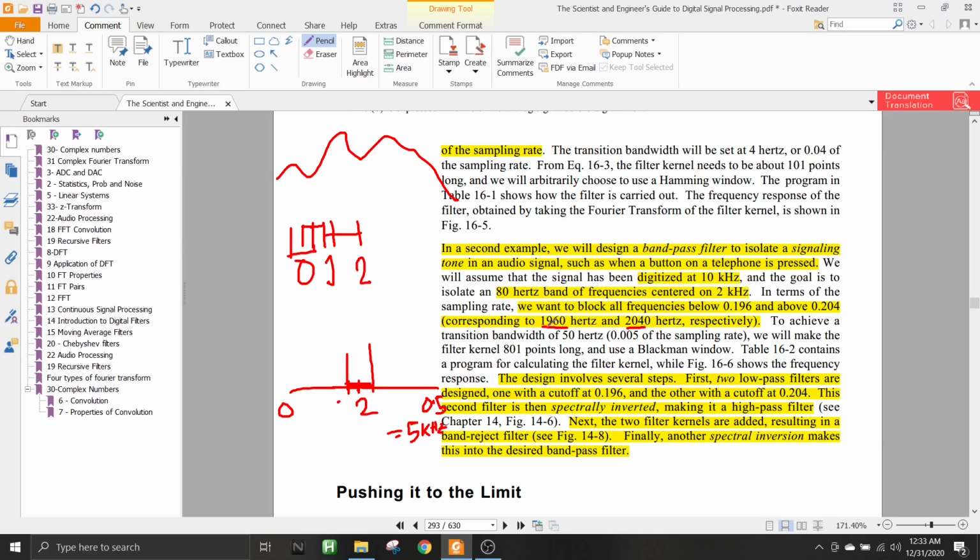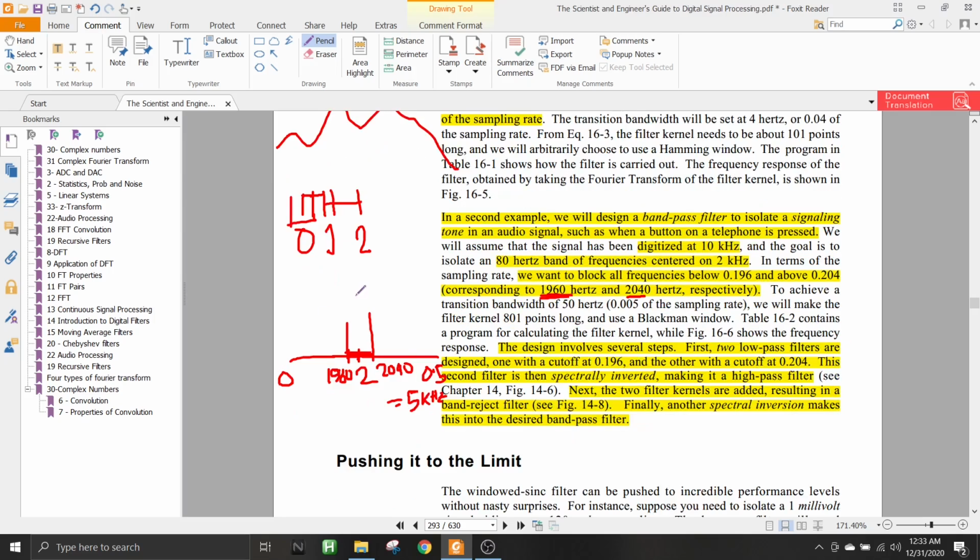The actual values are given here, 1960 and 2040. So 2 kilohertz means this is centered at 2000 hertz, 40 from the left, which is 1960, and 40 from the right, which is 2040.